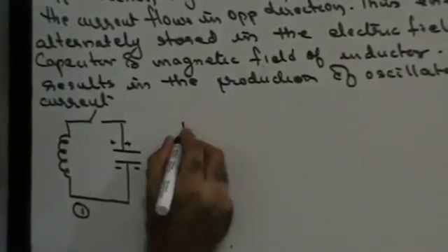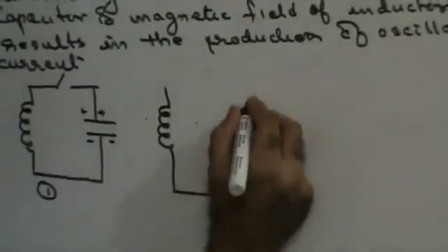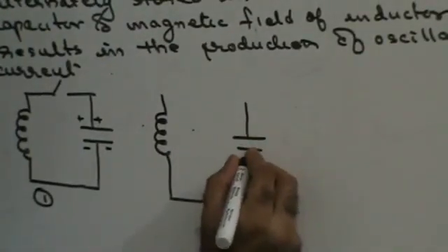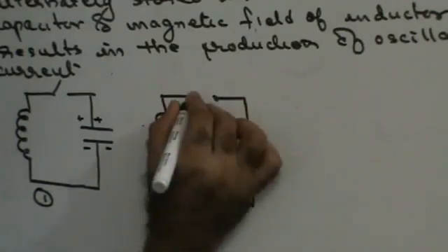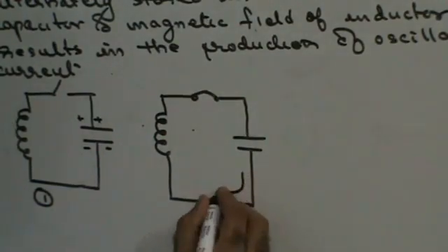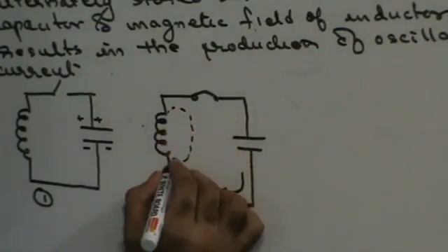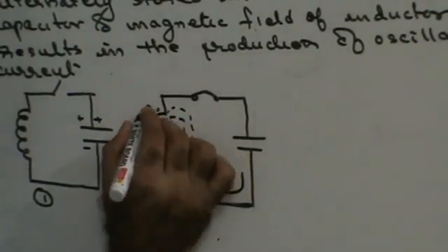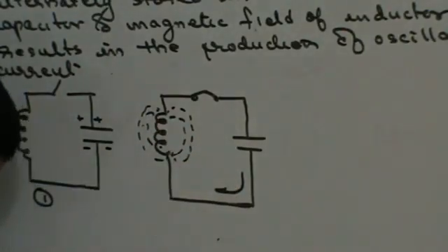Once I close the circuit, guys, the capacitor would discharge through the inductor, right? Hence, a magnetic field would be set up in the inductor.